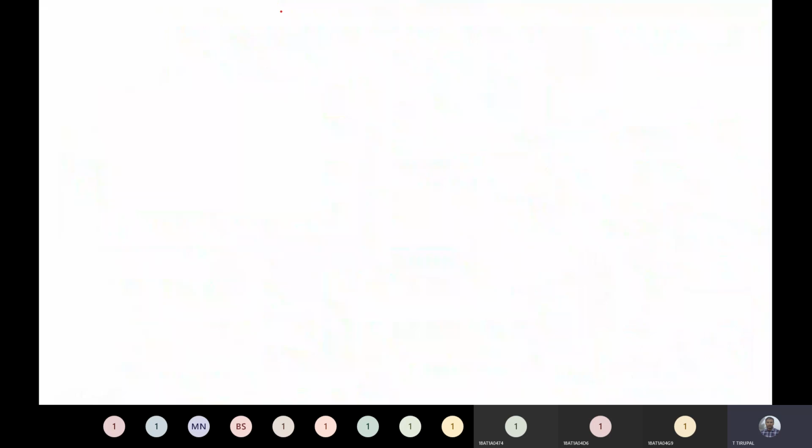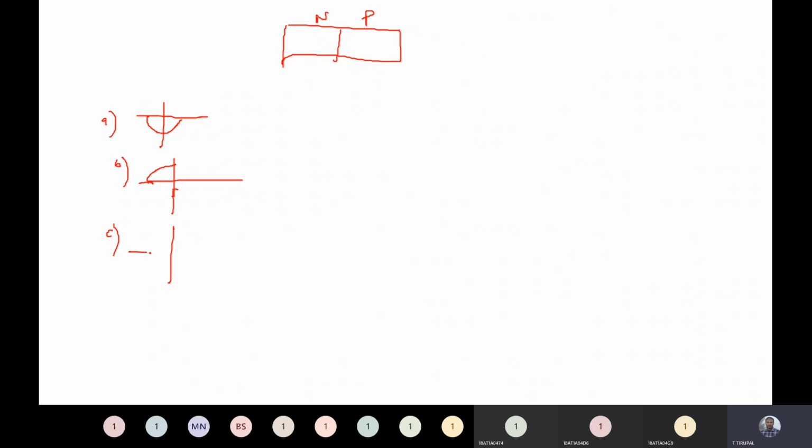What is the shape of the electric flux lines if this is an N-type semiconductor and this is a P-type semiconductor? Options A, B, C, D. This is a 2018 GATE question.